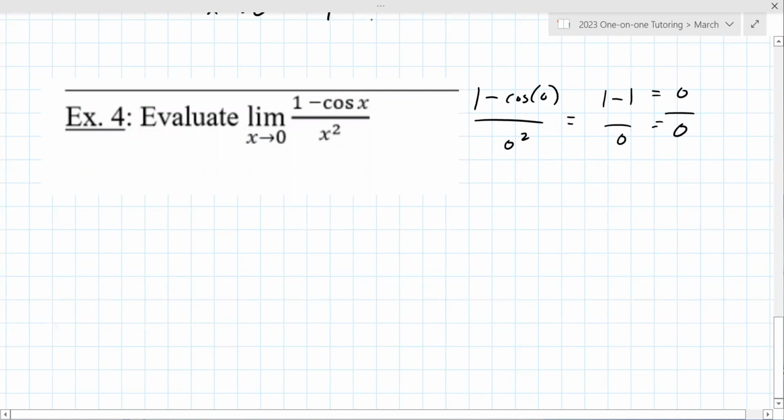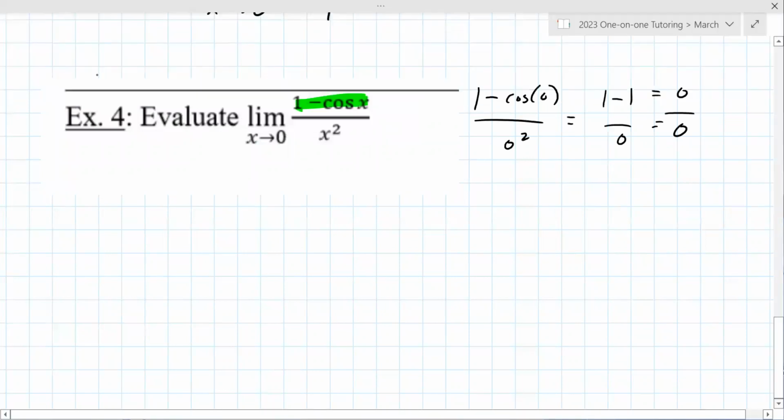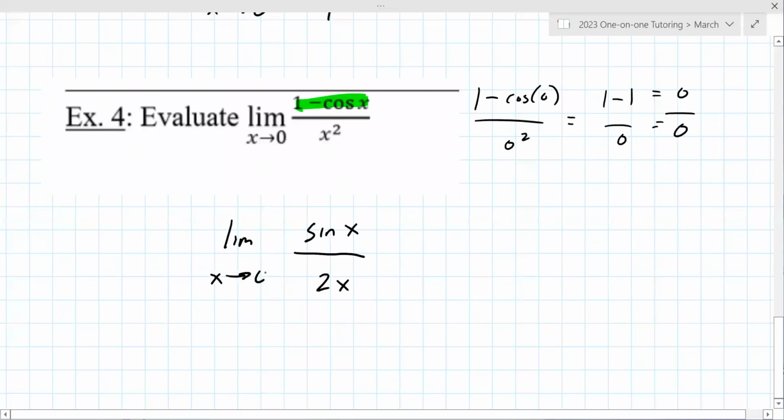So you take the derivative of the top separately, like just treat it like it's its own. So the derivative of cosine is minus sine. The derivative of 1 is 0. So you get positive sine x over 2x. You do have to bring the limit down. Don't forget to write the limit.